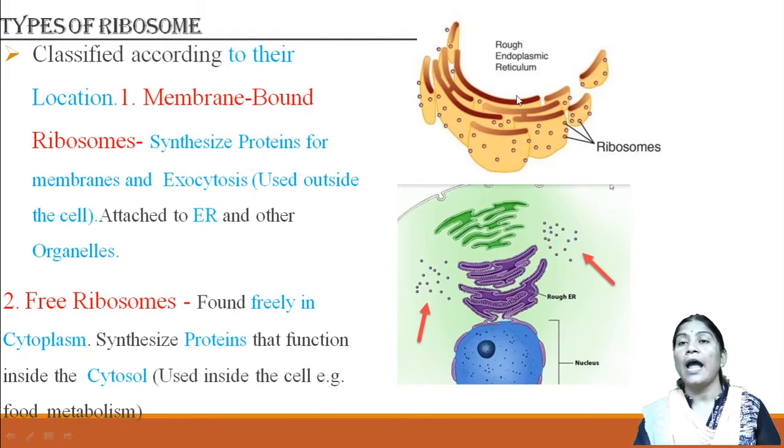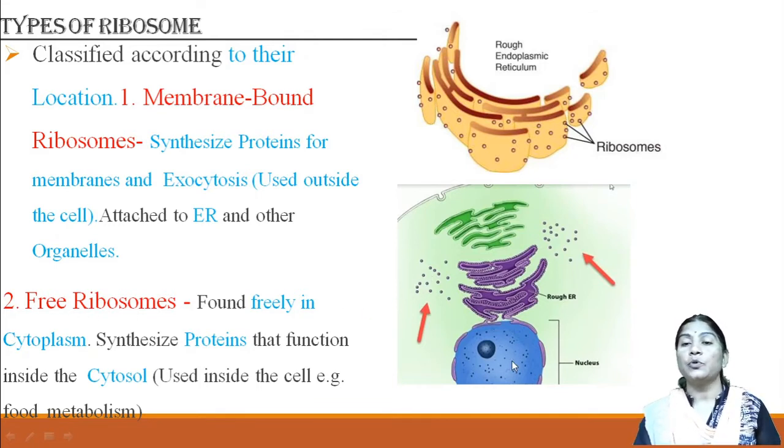This diagram shows the endoplasmic reticulum on which there is the attachment of dense particles that we call ribosomes. Here these ribosomes are attached to the rough endoplasmic reticulum, and that's why they are called the membrane bound ribosomes.